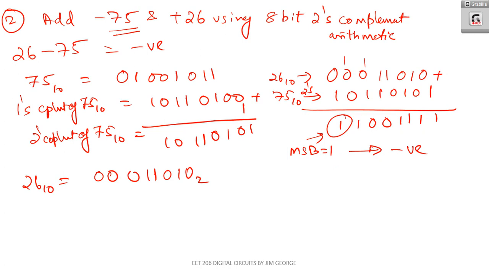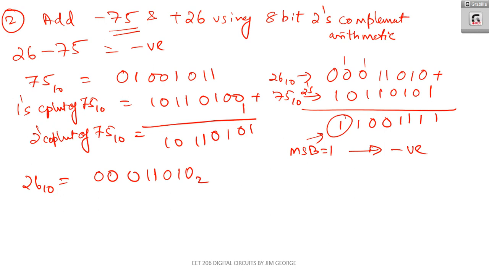Also there is no carry here. Since there is no carry, you can directly convert. Since the MSB is 1 and the result is negative, you need to take the 2's complement.